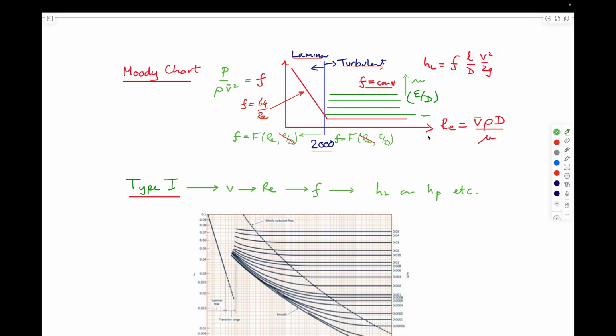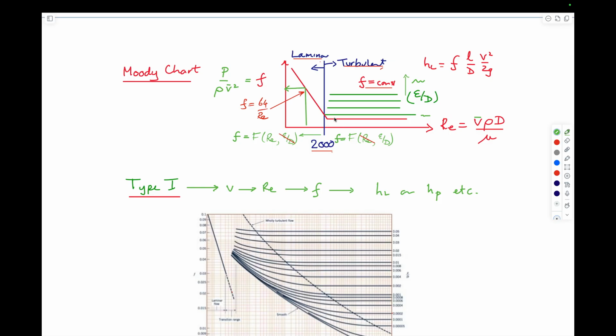Large Reynolds numbers mean fast flows, and you get this division of two behaviors as you go from laminar behavior to turbulent behavior. The friction factor for laminar behavior is typically a function of a number divided by Reynolds number. It's inversely proportional to Reynolds number. So you need to know the Reynolds number at which you're flowing to be able to get that magnitude.